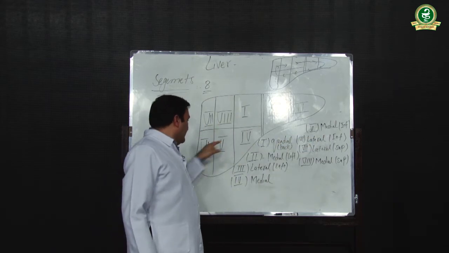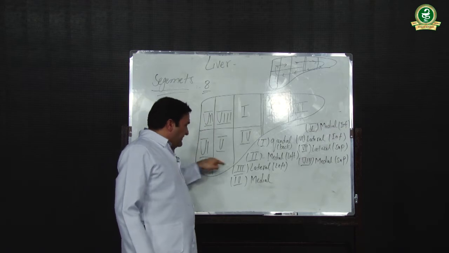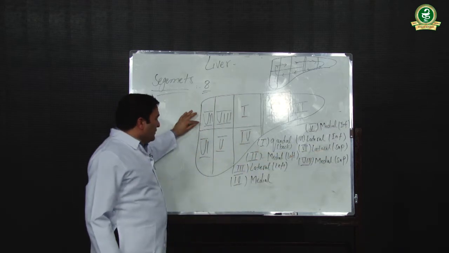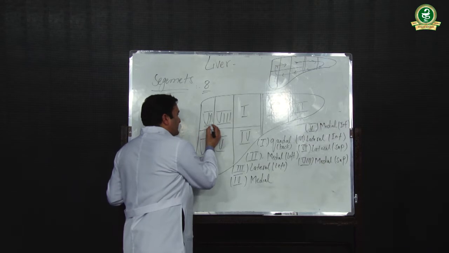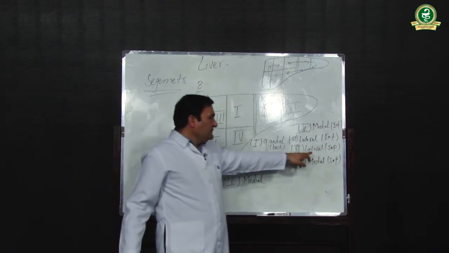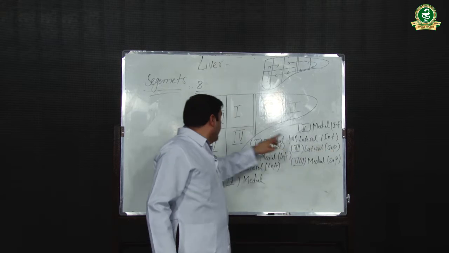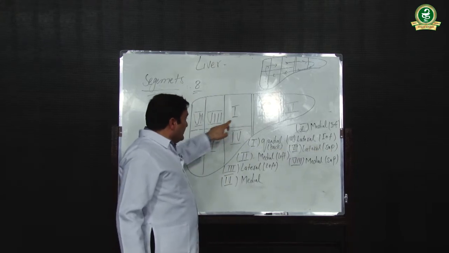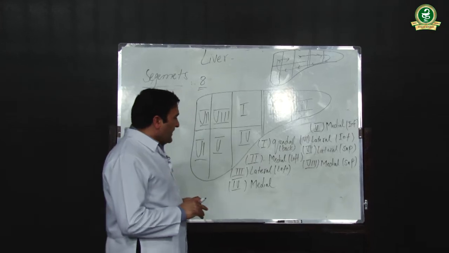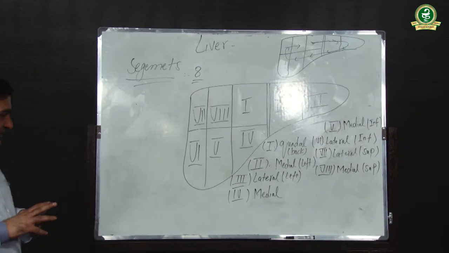Away from the center line, lateral but inferior, lateral inferior. Now, lateral but superior, and that is medial, near the center line but superior. These are our 8 segments of the liver.